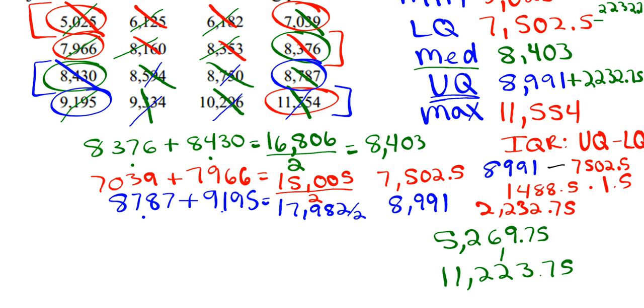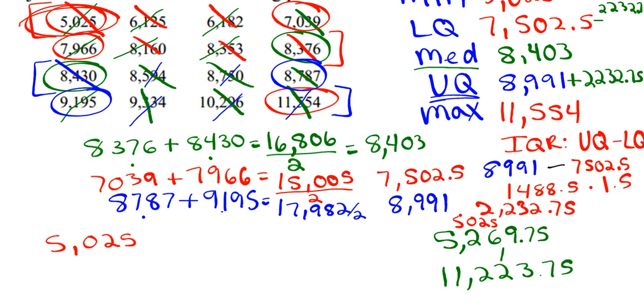So let's check to see if we have any outliers. Well, the first one I notice is that I have my 5,025. That falls just outside here. So that's going to be one of my outliers, 5,025. That's too small.